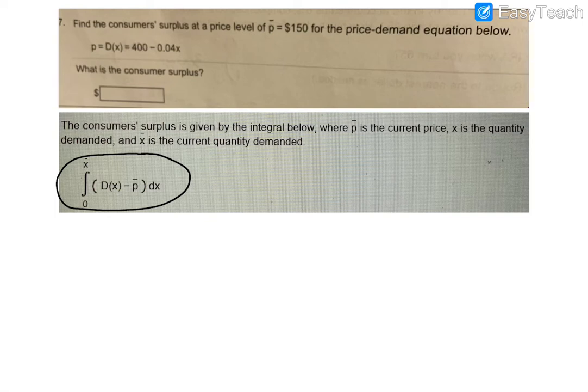So that's the first thing that I'll find. And so if my P bar is 150, I'll plug it in for the P here, and set it equal to the 400 minus the 0.04x so that I can find my X bar. And so if I subtract 400 on both sides, then I am left with a negative 250 is equal to a negative 0.04x.